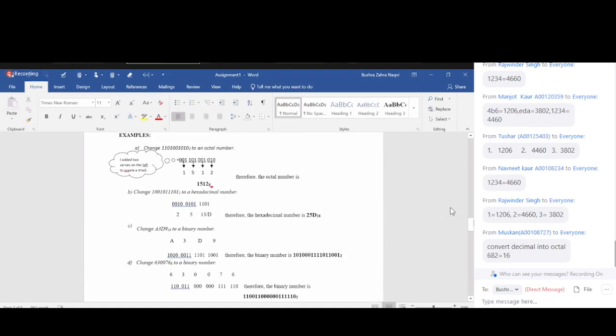Okay, what if I ask you to convert binary to hexa? You simply reorganize the bits into 4-bit nibbles and then write their hexadecimal equivalent, like this, right?